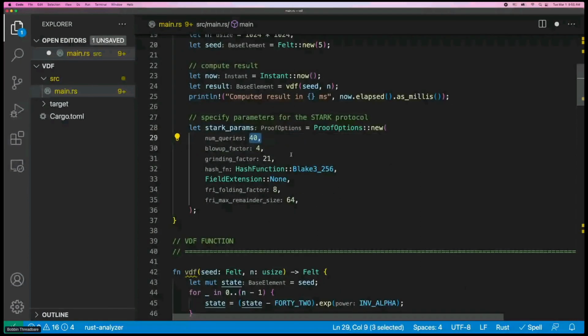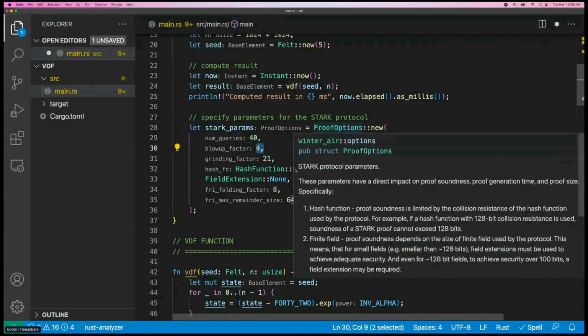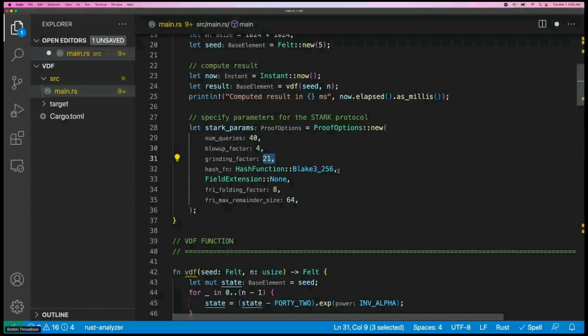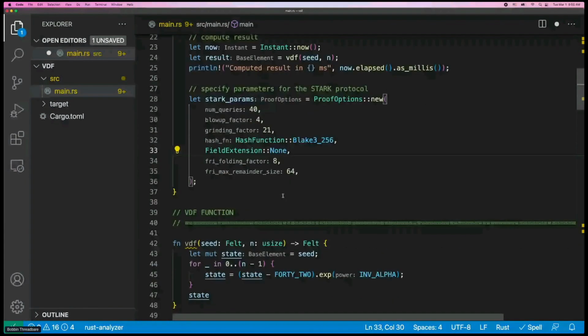This is the blow-up factor that also determines security level, as well as how long the prover will run. Grinding factor allows you to increase security at the expense of prover time. Then the hash functions and extension fields that we're going to use, and some FRI-related parameters as well. So once we have this, we are ready to instantiate our prover.